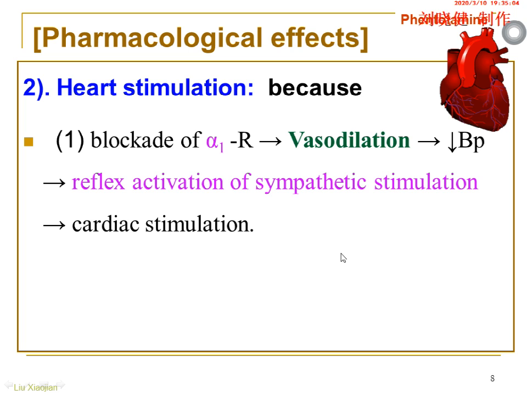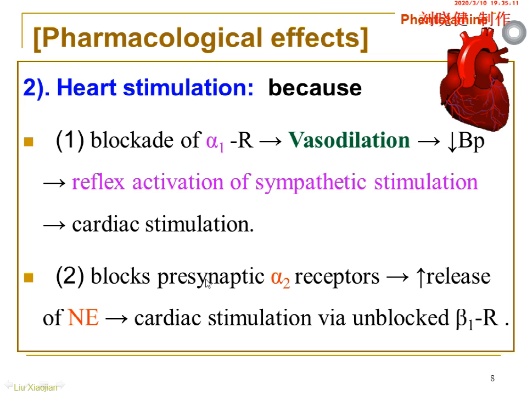Another mechanism is that this drug also can block alpha-2 receptor. Remember, alpha-2 receptor is on the presynaptic membrane. Alpha-2 is related to neurotransmitter release, but its function is negative feedback regulation. So when it is blocked by phentolamine, it can promote the release of norepinephrine from the nerve terminal.